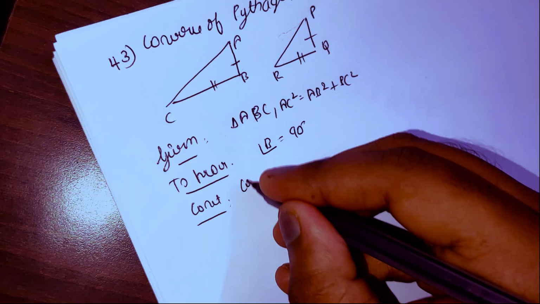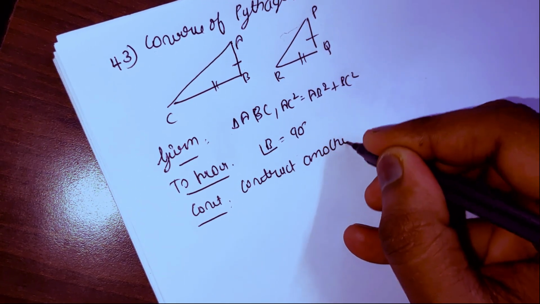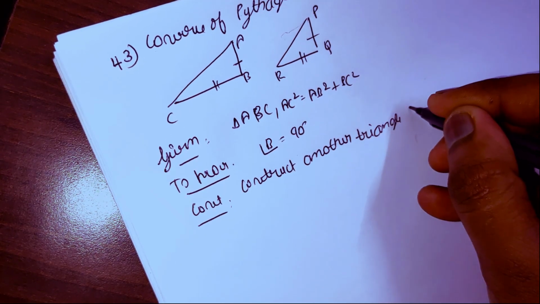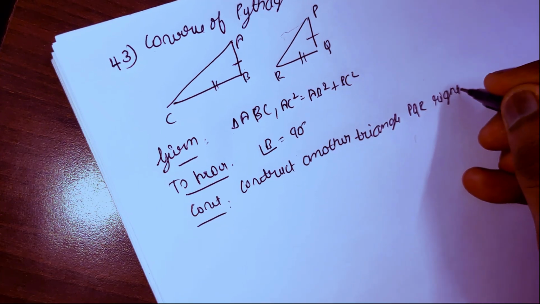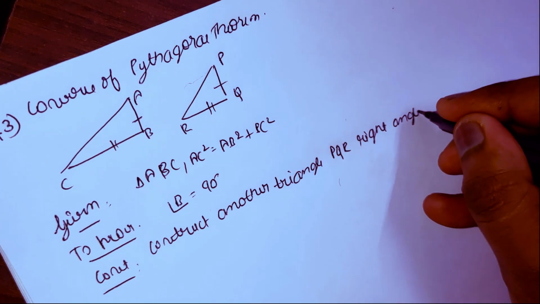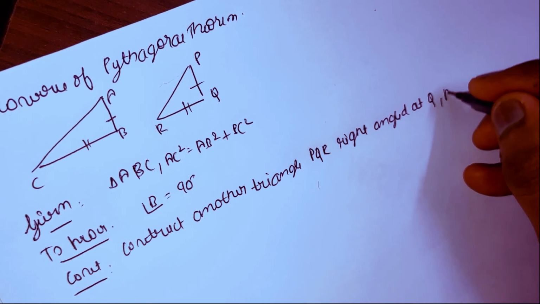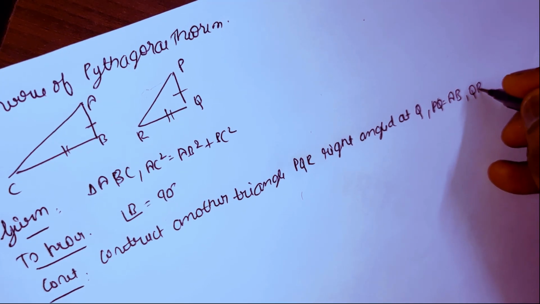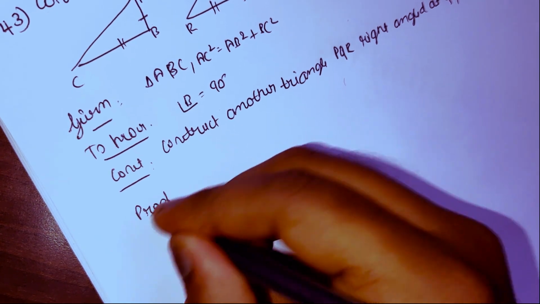We have constructed another triangle PQR right angled at Q such that PQ is equal to AB and QR is equal to BC. We'll start with the proof.